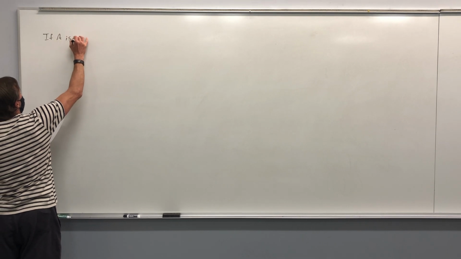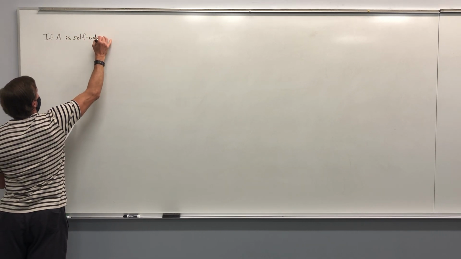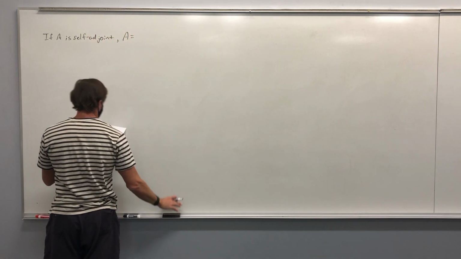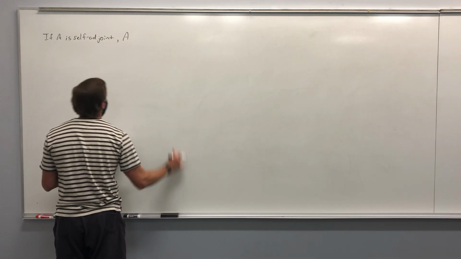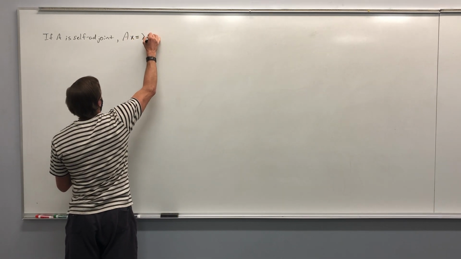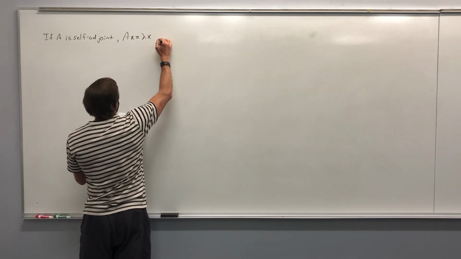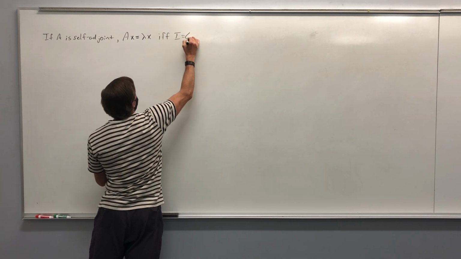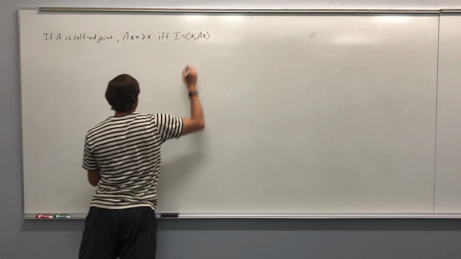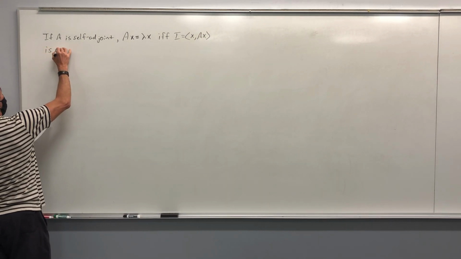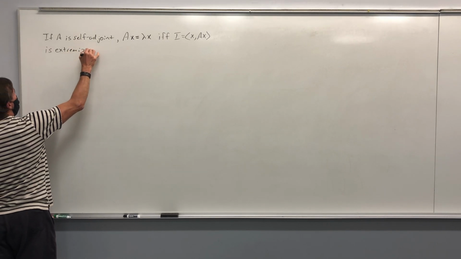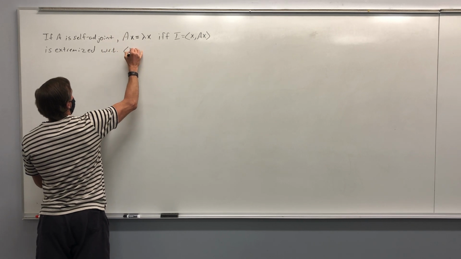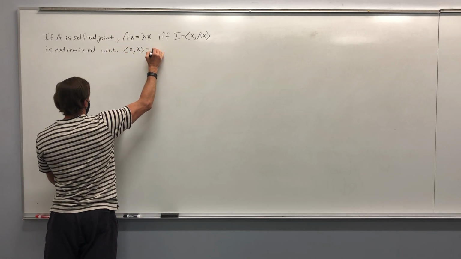If A is self-adjoint, AX equals lambda x if I, which is the inner product of x with AX, is extremized with respect to the constraint that the inner product of x with itself is 1.